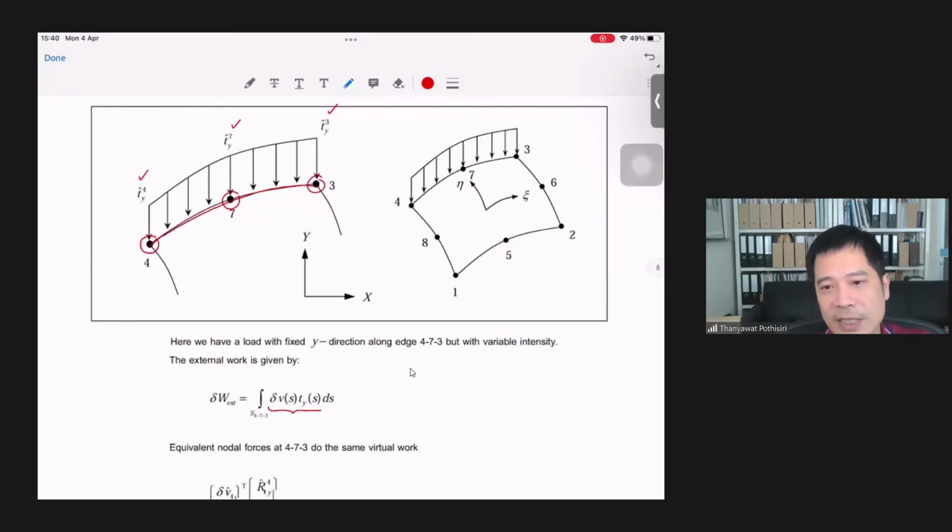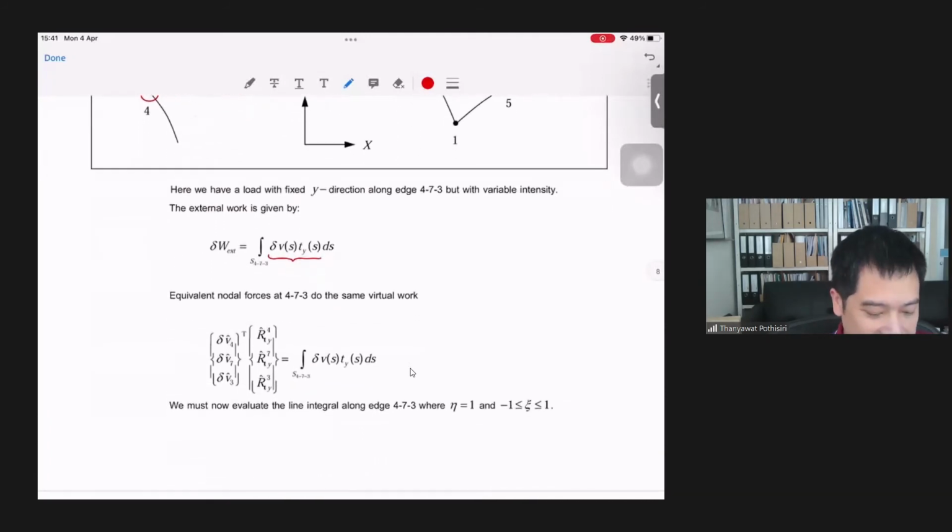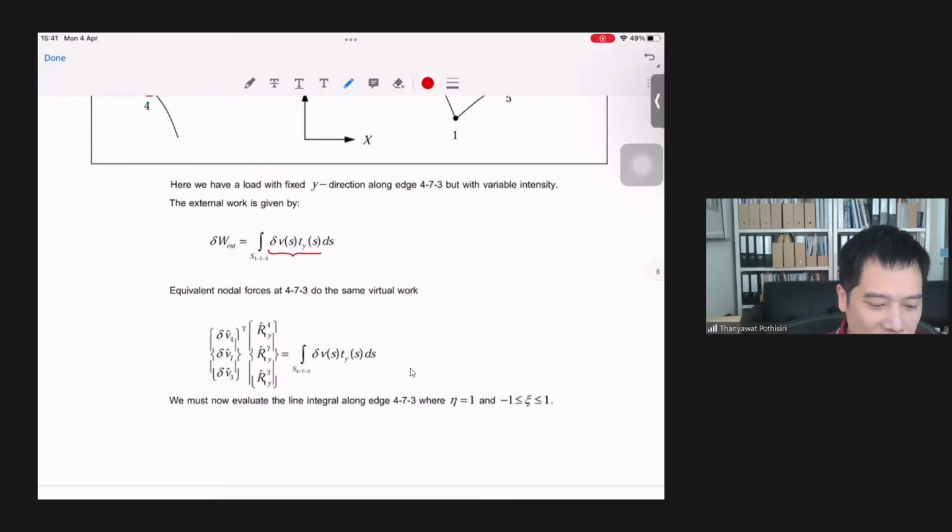because this edge 473 is a curve. So that means in order to compute the integral along this edge, you need to be able to compute a curve integral. So how can we do that? Start by looking along this edge 473.